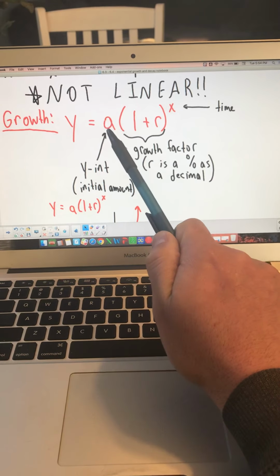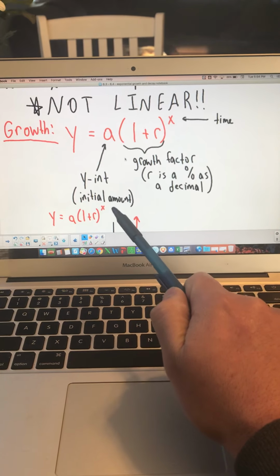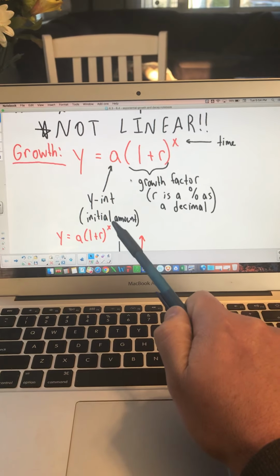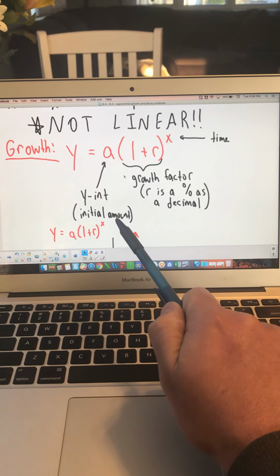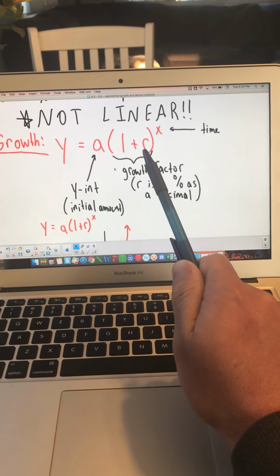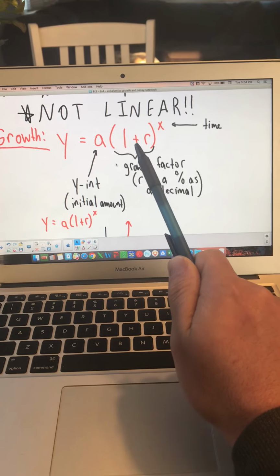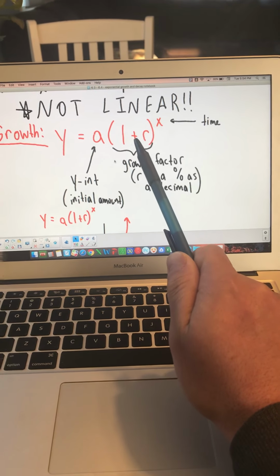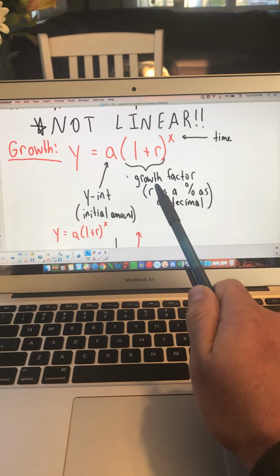Now, that first number, a, is the y-intercept, the initial amount. So when we start moving into word problems, it's the initial amount that we start with. Because this is exponential growth, keep in mind, see how it says 1 plus r, plus growth, it's known as the growth factor.